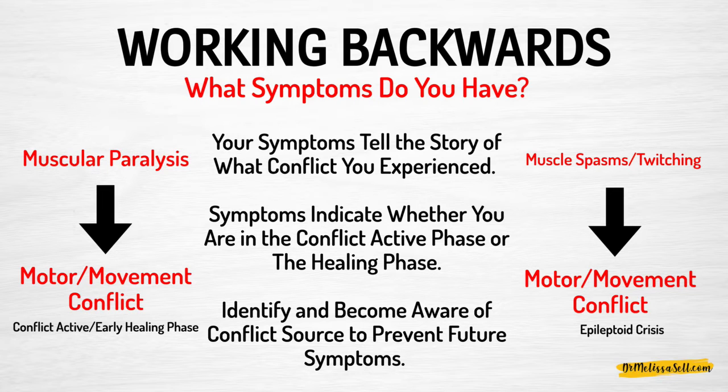So with this knowledge of the 5 biological laws and the amazing research work of Dr. Hamer, we can understand what the body is doing and why. Whereas with the conventional understanding, we don't really have many answers for why the body would suddenly go paralyzed or have random spasms and twitching.